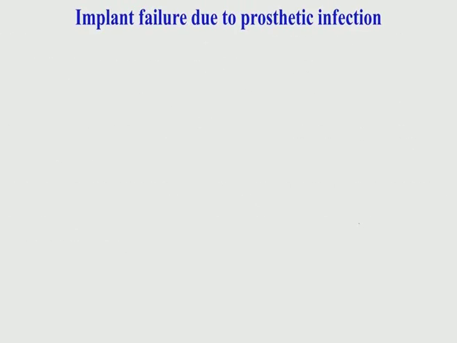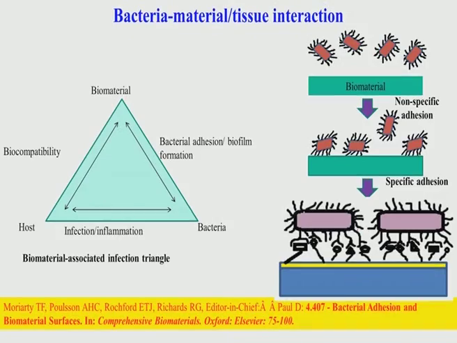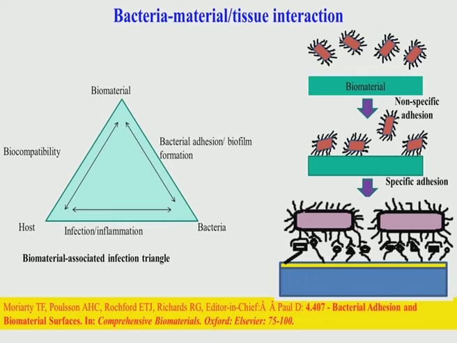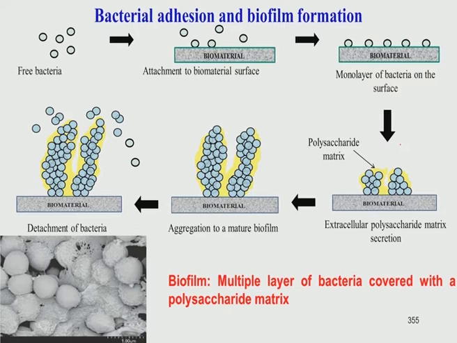Now, coming to how bacteria attach to the biomaterial substrate. This is an individual bacterium shown here. This bacterium will come to the biomaterial substrate and form specific adhesion complexes, and this mechanism is discussed in a little more detail in a stage-wise manner.